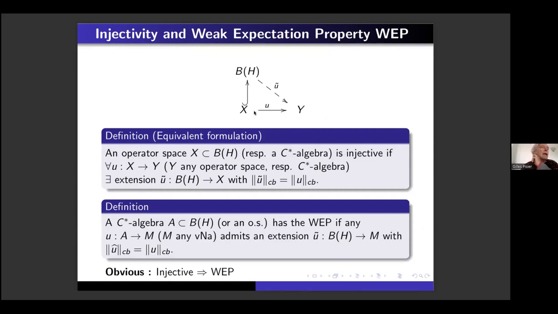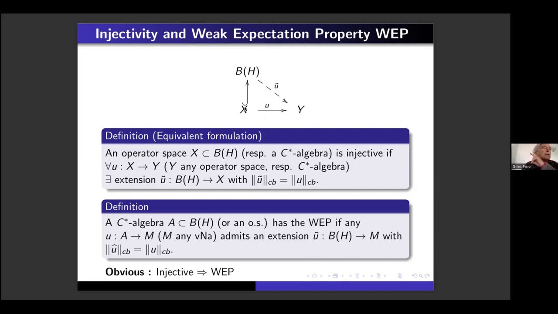I'm looking at this extension diagram, but now X is the domain. And I'm saying that any completely bounded map from X to Y extends to B of H with preservation of the CB norm.